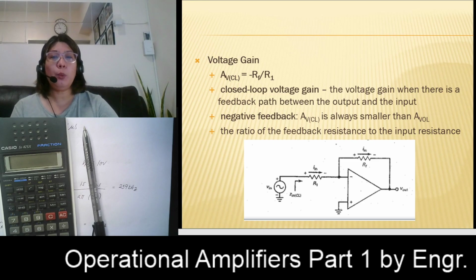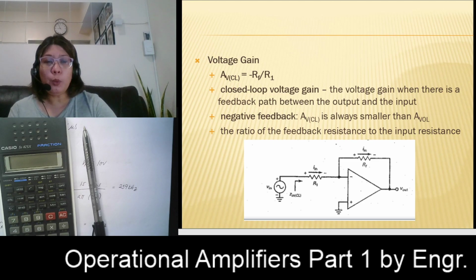Since we have here a virtual ground, that means no input will enter our operational amplifier. At the same time, no current will enter our operational amplifier. That only means that all of the current coming from our Vin will directly flow across your feedback resistance here.